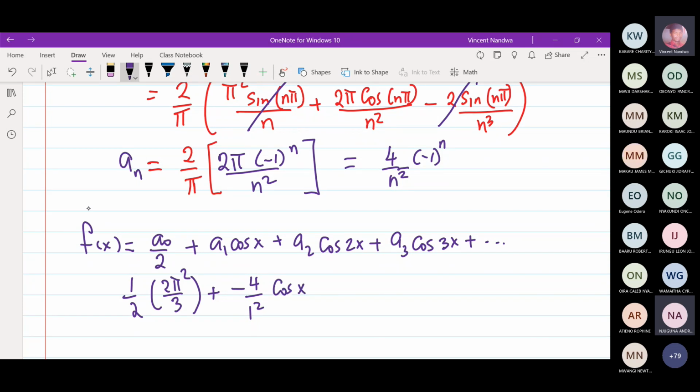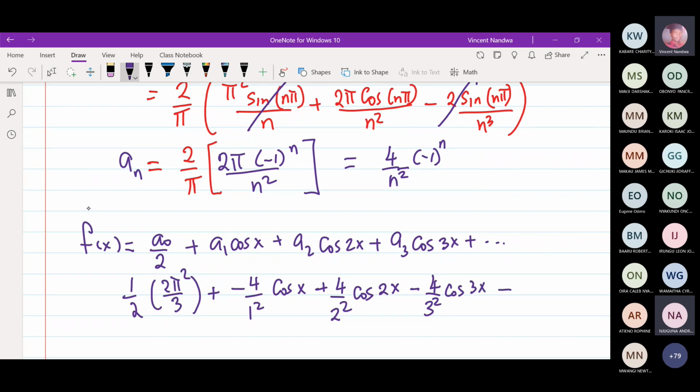When you put 2, the sign will be plus, so plus 4 over 2 squared, cosine of 2x. When you put 3, negative sign: negative 4 over 3 squared, cosine of 3x.